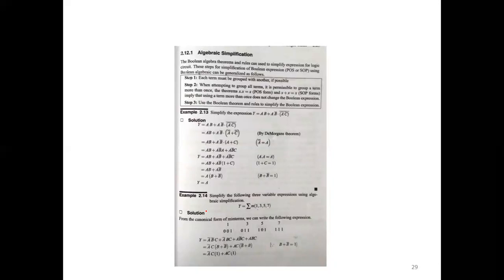So we go for the Karnaugh map concept. The K-map is a procedure to minimize Boolean expressions. Another method is the Quine-McCluskey method, which is also used to reduce Boolean expressions.